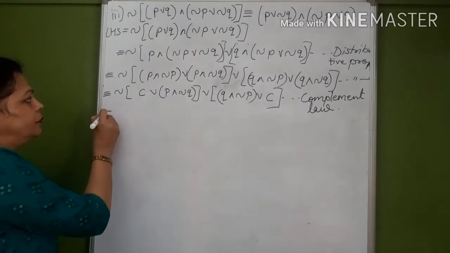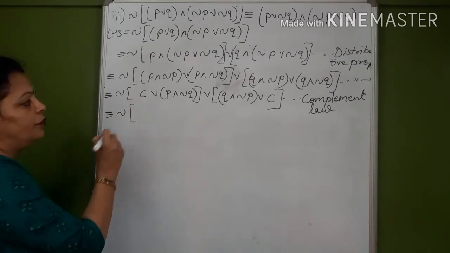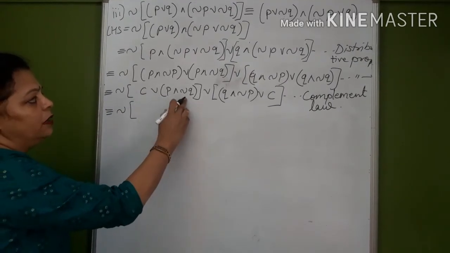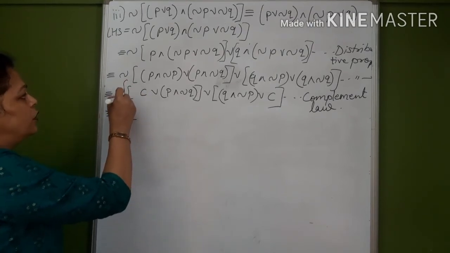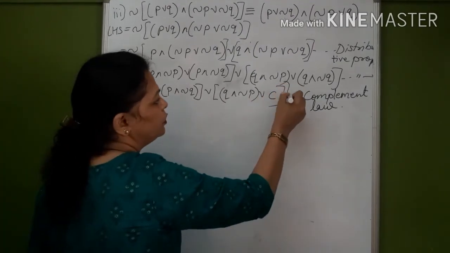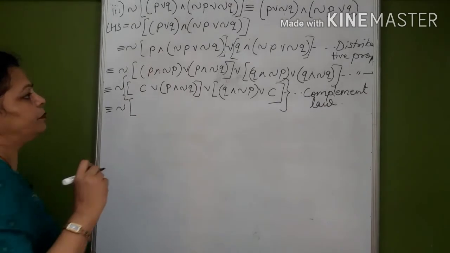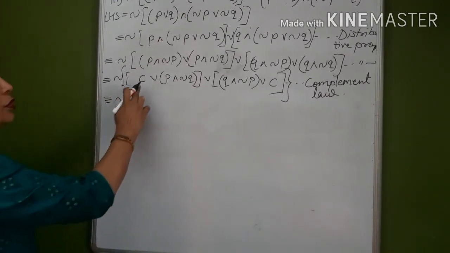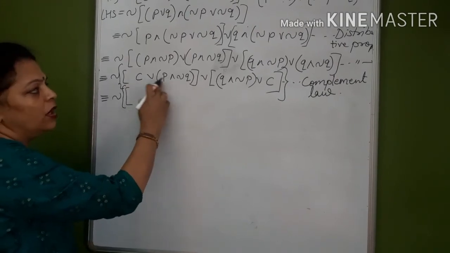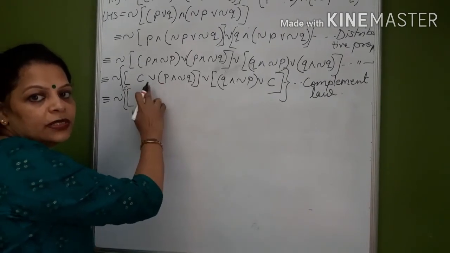Now next one, negation of C and this one. Now this is actually to the whole thing, so you can put a curly bracket. I'll put a curly bracket here also. So C or P, what is C or P?